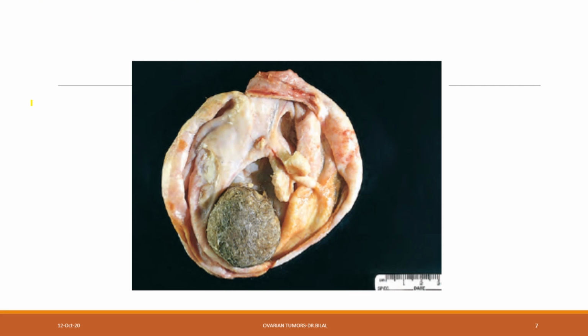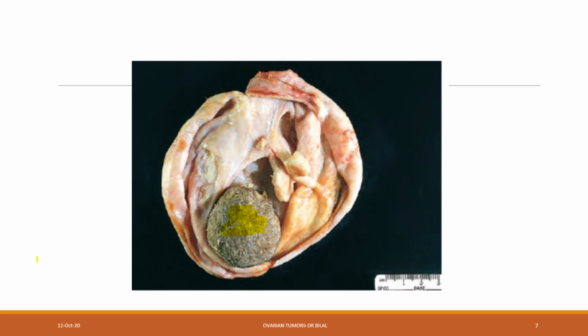Now we move on to the next tumor. This is a very common tumor. This also has a cystic appearance. You can see in this region, this is a cyst that has been opened up. If somebody asks you about an ovarian tumor, and this is visible, what is this?